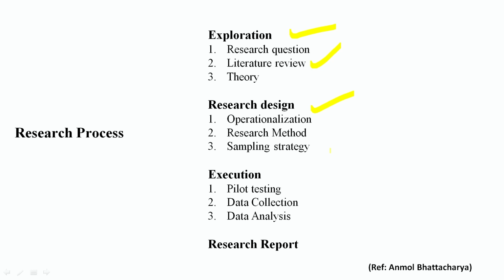Mark Saunders has given a diagram which represents a research onion, from research philosophy to data collection. A sequence of steps is involved in it. So, we have to figure out what design is used in our study.